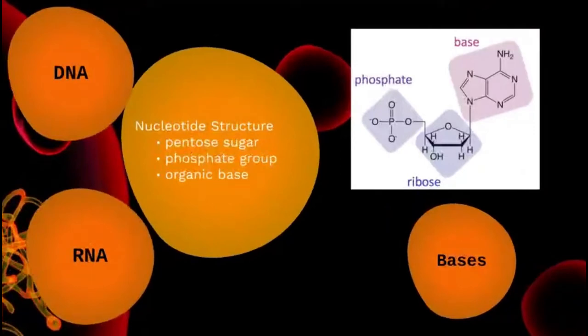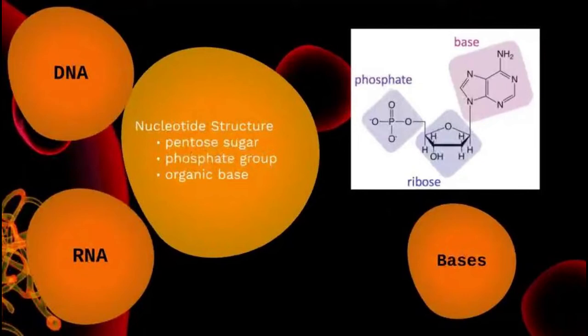And the nucleotide structure, so this is the same for DNA and RNA, is made up of a pentose, which is a 5-carbon sugar, a nitrogen-containing organic base, and a phosphate group. And you do need to learn this general structure, so just the shape of the pentose sugar, the phosphate group, and the nitrogenous base, or an organic base.